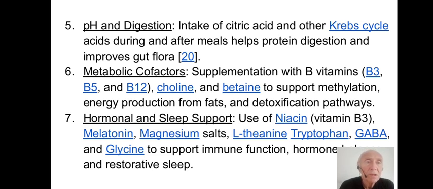Magnesium chloride is the best magnesium salt, and the other essential amino acids are also recommended. GABA can be produced from glycine and taurine, so okay, but you can take it as a supplement, no problem.